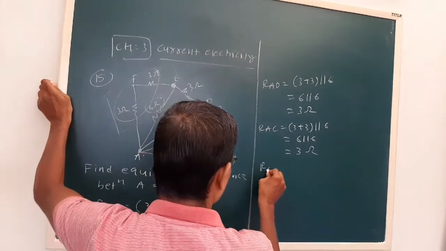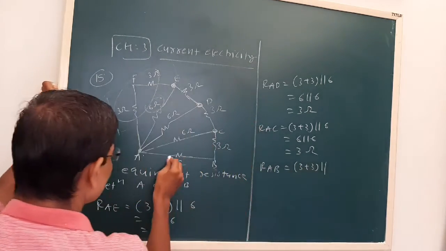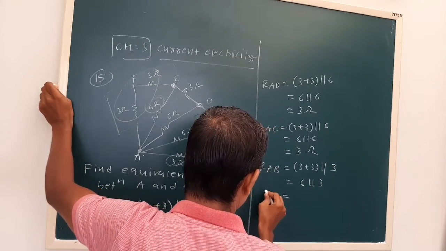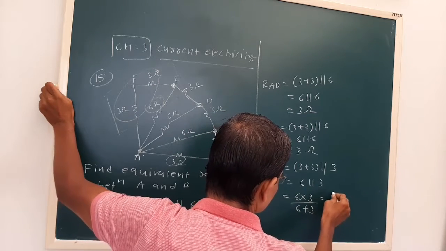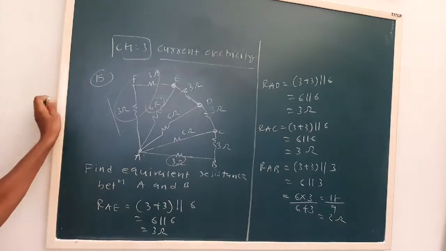So the final RAB will be 3 plus 3 parallel. Remember this resistance is 3 ohm. So it is 6 parallel 3, that is RAB equals R1 R2 upon R1 plus R2. This is how we can solve.